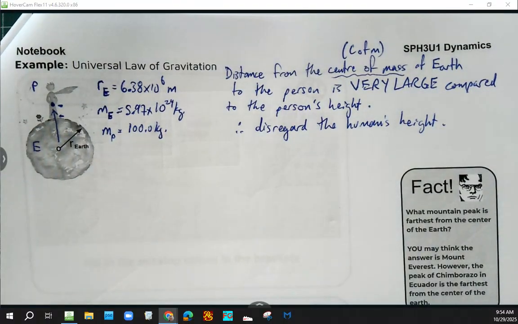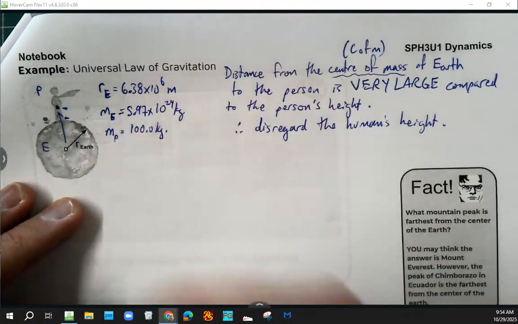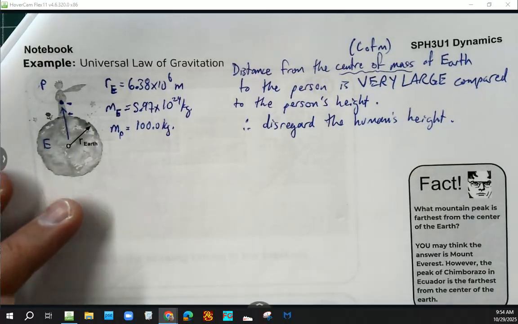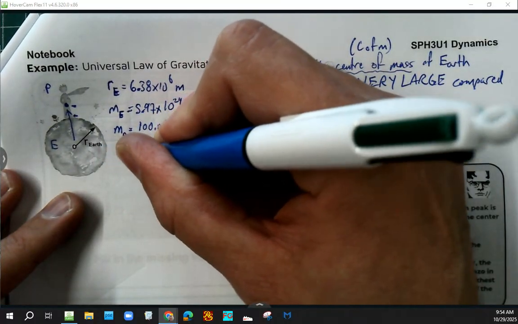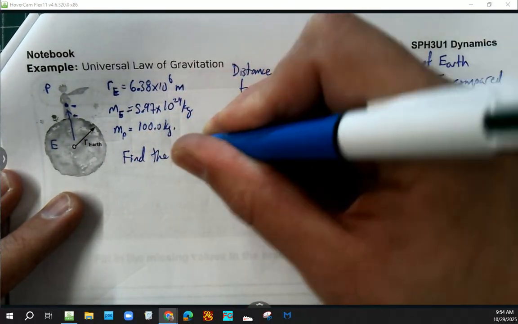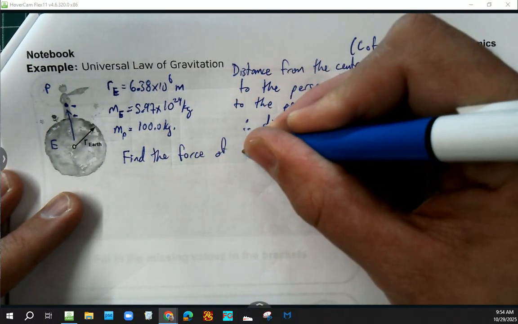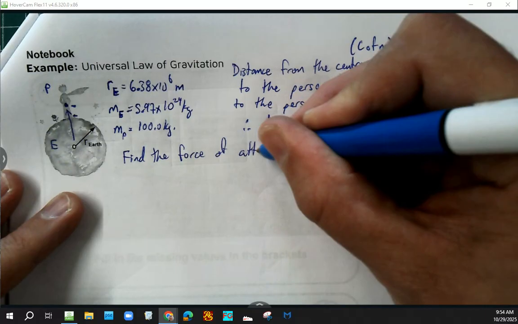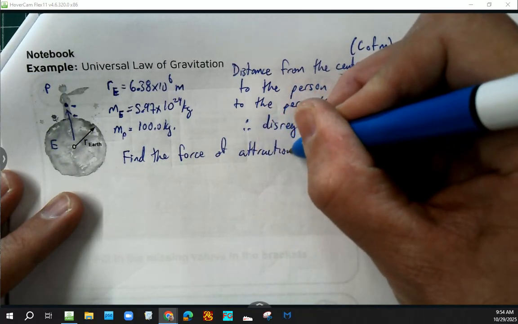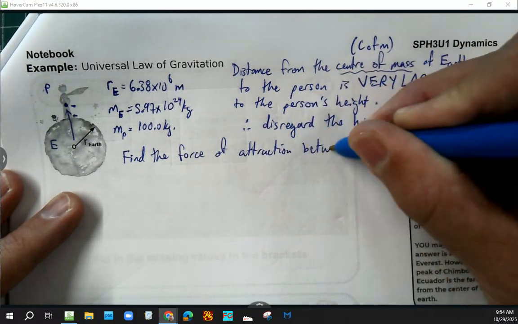But maybe there's an actual question we have to solve. Find the force of gravitational attraction between the person and Earth.